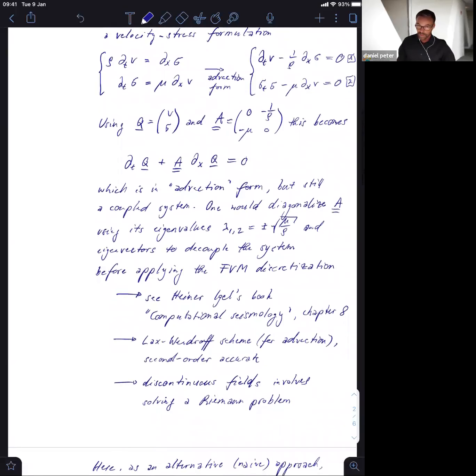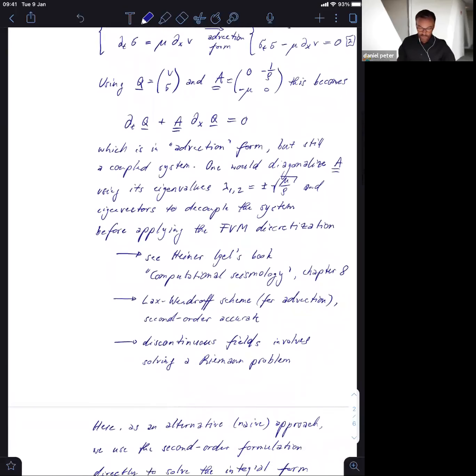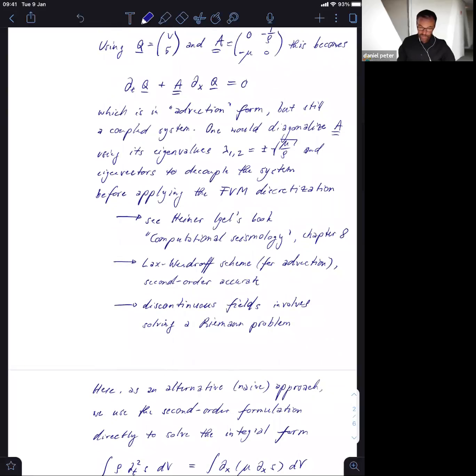The other point is that when you do the advection problem, the finite volume method is motivated to do this as well for discontinuous solutions. So you can have jumps in the quantity that you advect. When you have these jumps in your field, what you run into is a Riemann problem, where from one cell to the other you have a sudden jump of this quantity. Then you need to be careful about how to solve this Riemann problem on the cell boundaries.